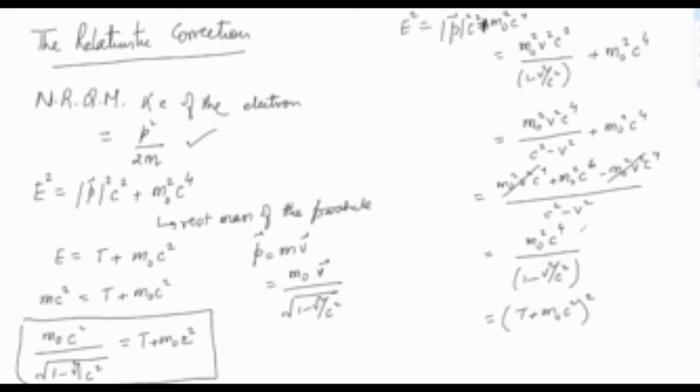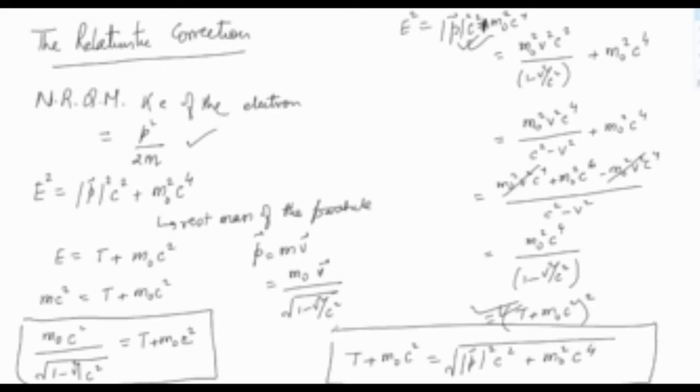E square for all of us is p square c square plus m naught square c4. Therefore, you can simply write, just compare this part and this part, T plus m naught c square is equal to square root of p square c square plus m naught square c4. Okay? And I am going to use this expression to consider the first order correction to the kinetic energy.